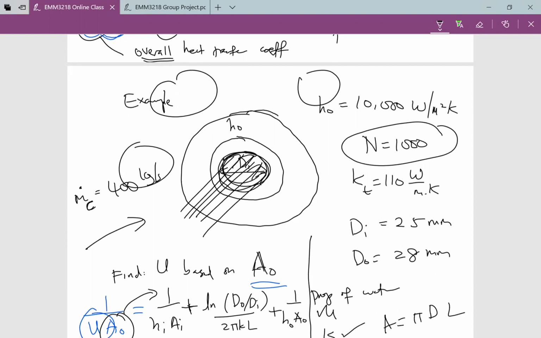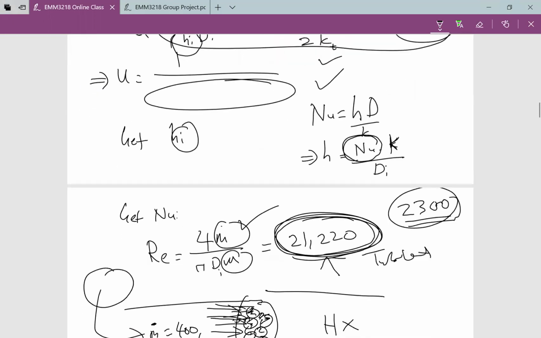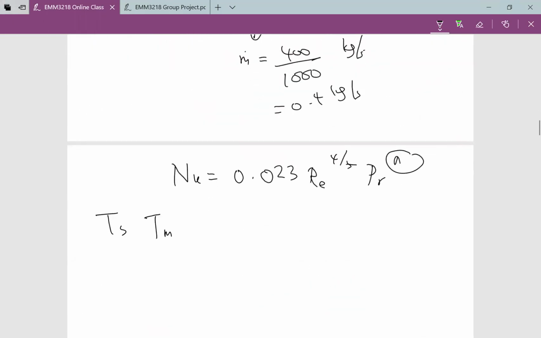But what you know is that you have cooling water going through the inner pipe, which means the fluid temperature will be less than the surface temperature. In that case, what is n? n equals 0.4.